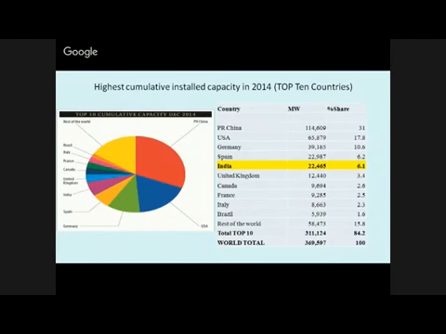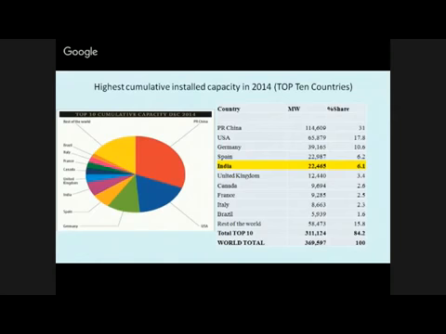Now, let us see what is going on in the developing and developed world, particularly compared to Asia, and where we stand. You will see that People's Republic of China has the highest share, 31%. This is the data of 2014, and the list still remains the same. USA is the second, and among European countries the two big names are Germany and Spain.